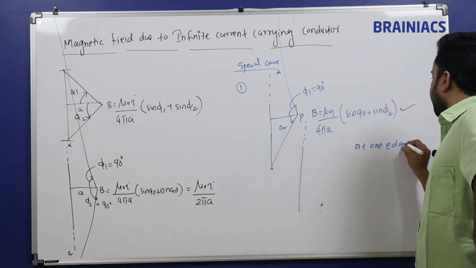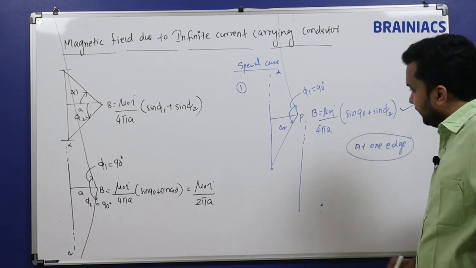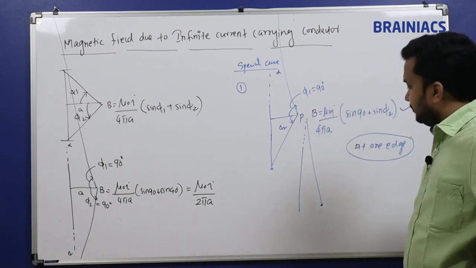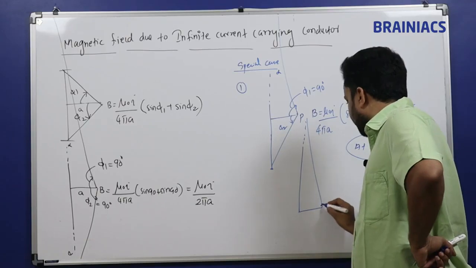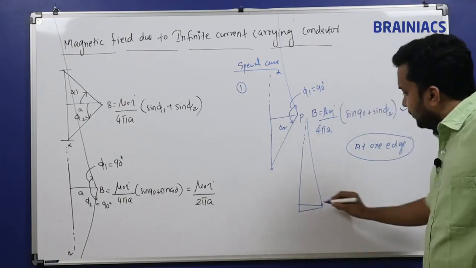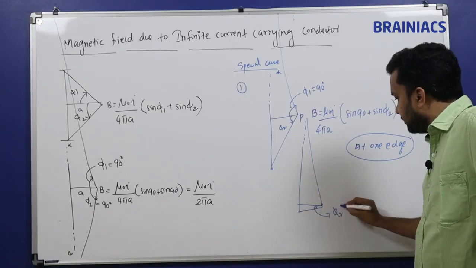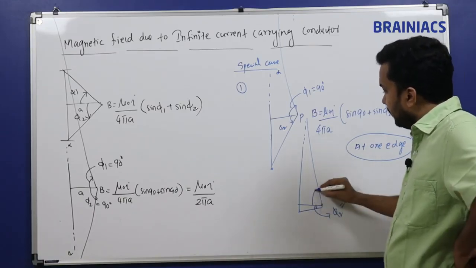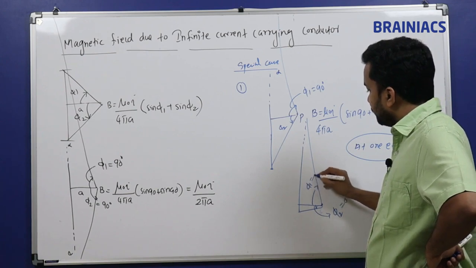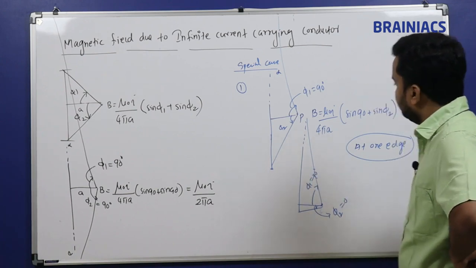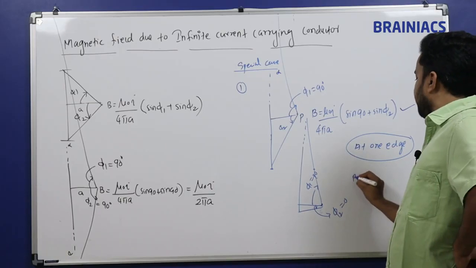At one edge, if you are going to calculate the magnetic field, then what is this value? Here we have one line and this is a perpendicular line. So here we have our phi 2, which is approximately equal to 0, and phi 1 is equal to 90 degrees. In that case, what will the formula be?